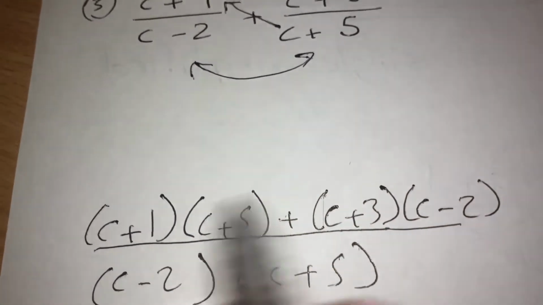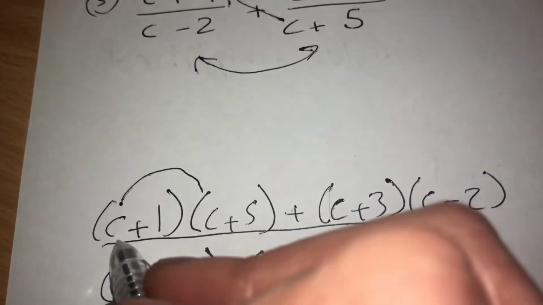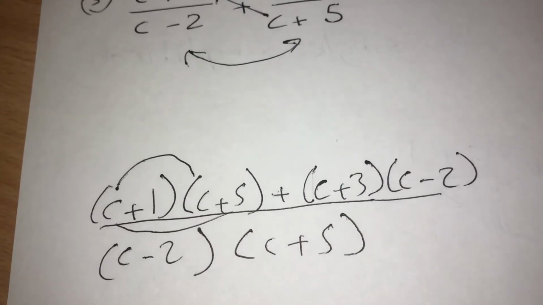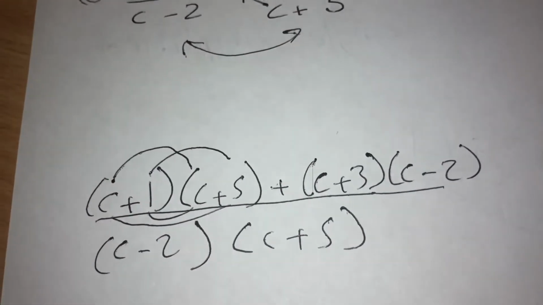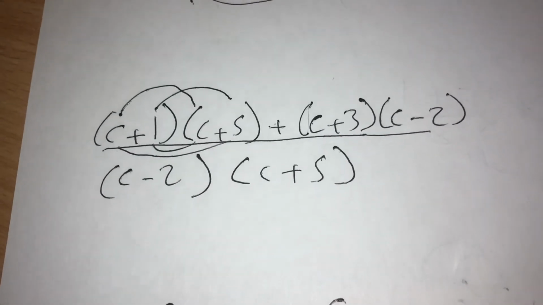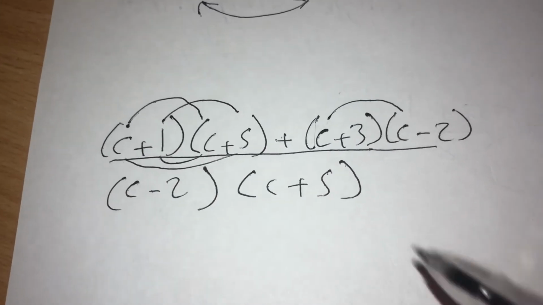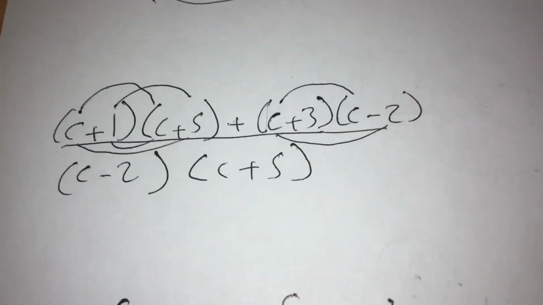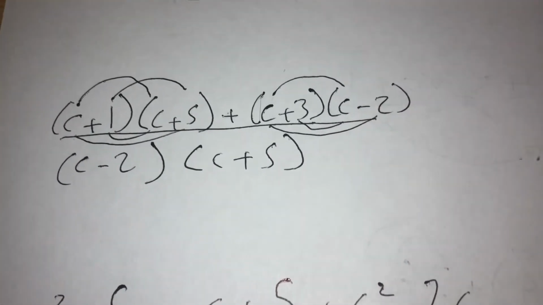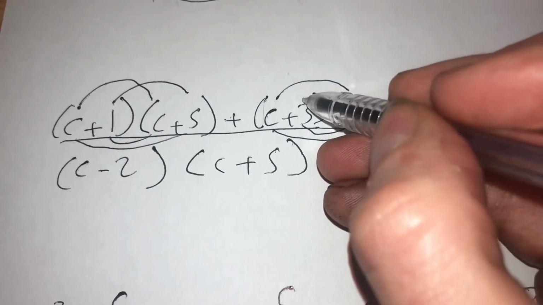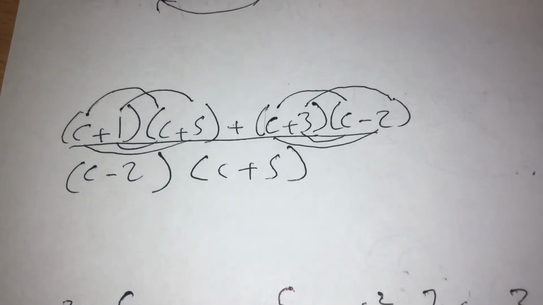So let's FOIL the sets of brackets. So c times c is c squared, outer c times 5 is plus 5c, inner 1 times c is plus c, 1 times 5 is plus 5. Our second set of brackets, so c times c, c squared, outer, c times minus 2 is minus 2c, inner, 3 times c is plus 3c, and last, plus 3 times minus 2 is minus 6, so be careful when multiplying a positive by a negative there.